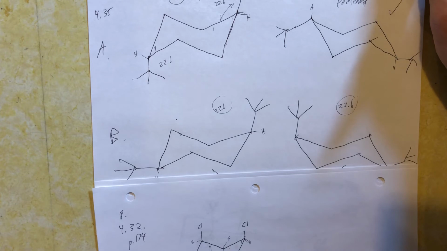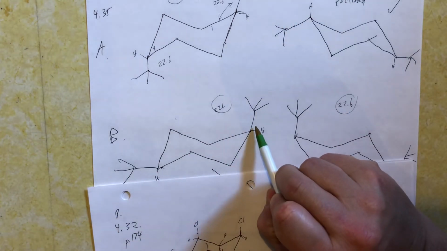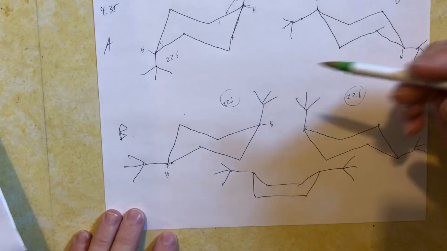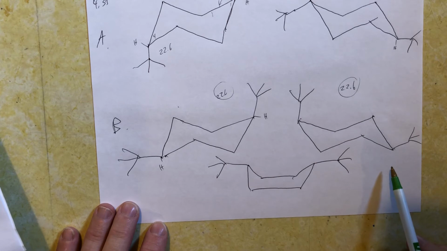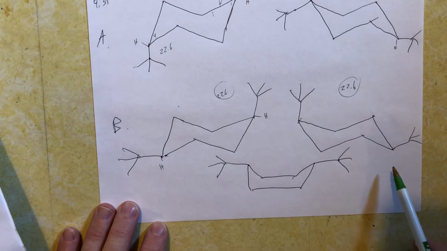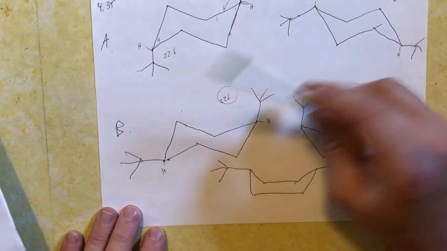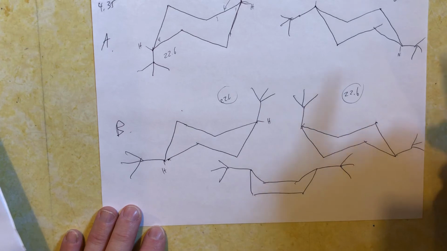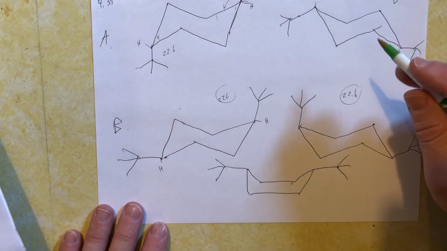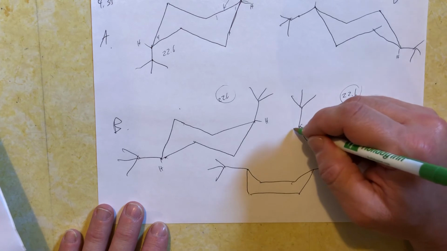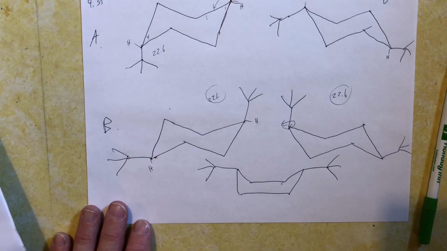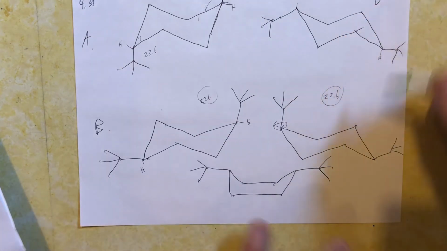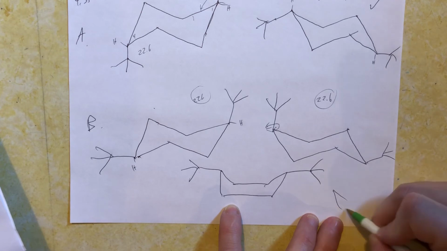So there's got to be a better option. Well, the better option is to get these 2 guys away from each other. And the way to do that is to take, you can't get this just by flipping these around. You actually have to have them rotate like so. I don't have that one ready to go, but yeah, you want the twist boat, and not the twist boat where they do this.